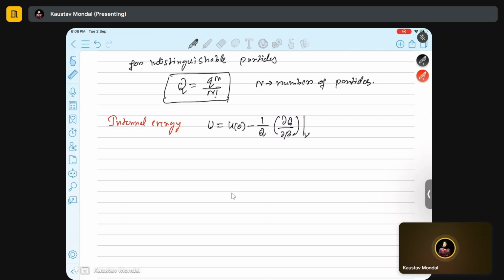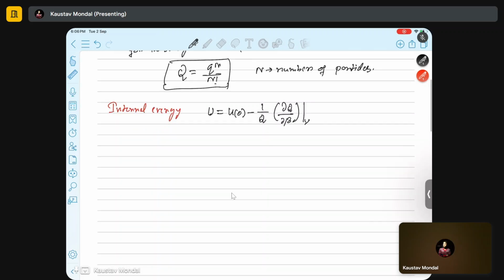This you already know. Now suppose the particles are distinguishable, so that means Q is equal to q to the power N.